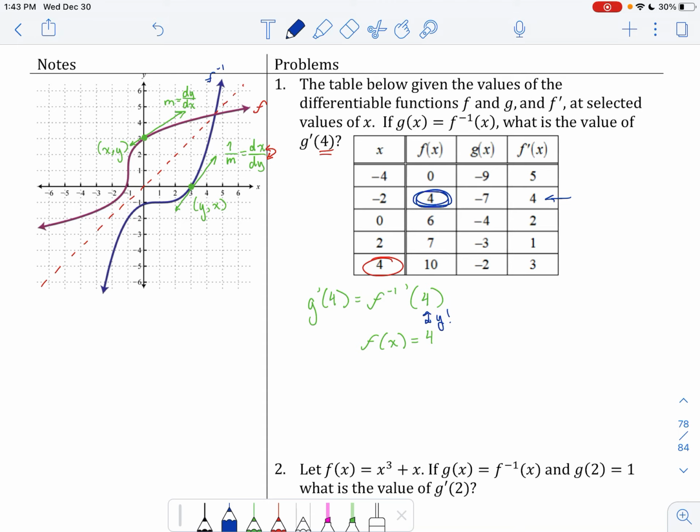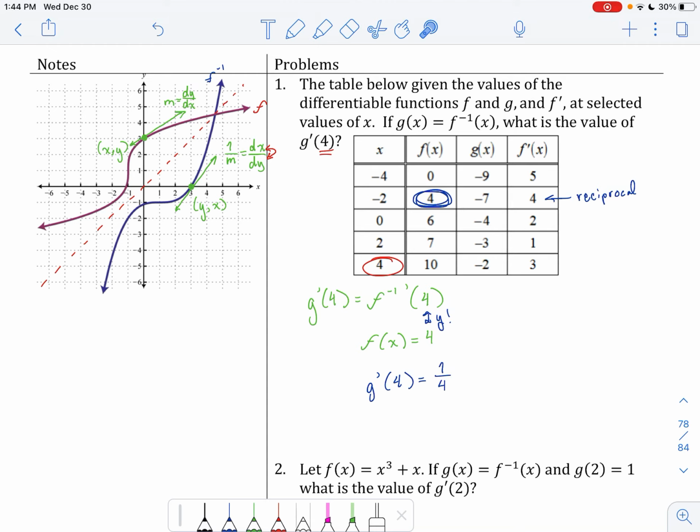And so what we'll end up with is to say that g prime of 4 is the reciprocal, so 1 over 4 from here. So again, make sure you're paying attention to, with inverses, the y values are what's in here, and then you take the reciprocal of f prime at that point.